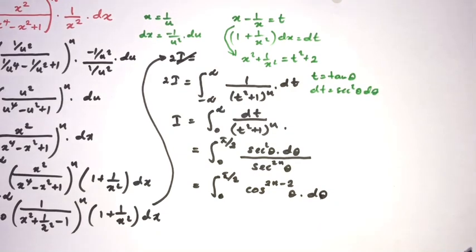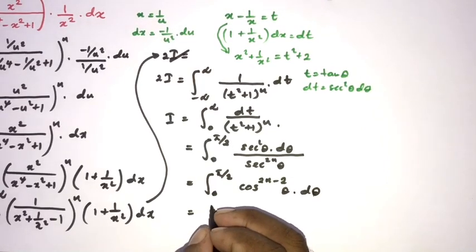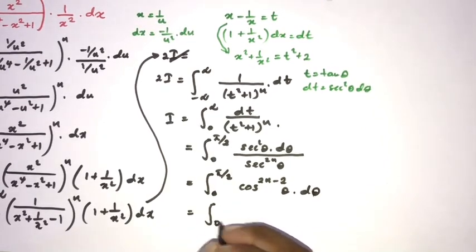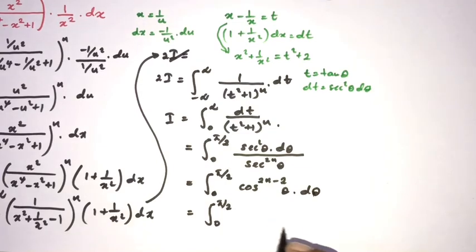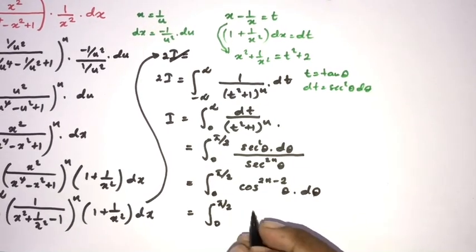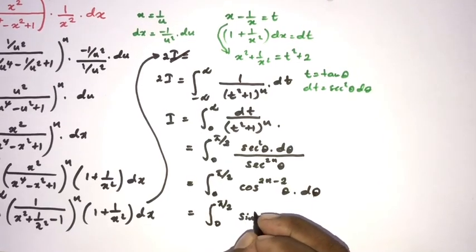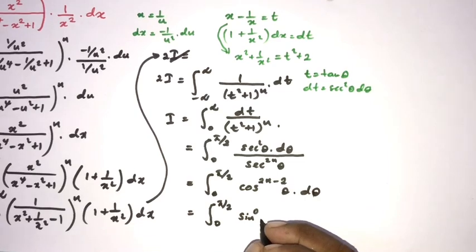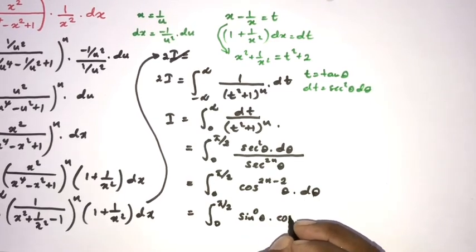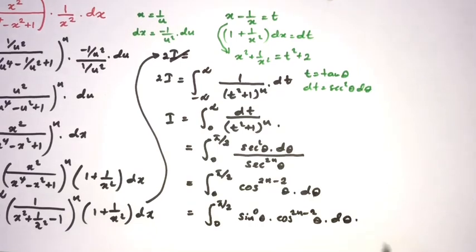Well, now this is familiar to us. We evaluated this type of integral many times, so now we can use the beta function. So here we can write this is equal to 1 times 1, sine raised to the 0 power of theta, cosine to the 2n minus 2 of theta d theta.